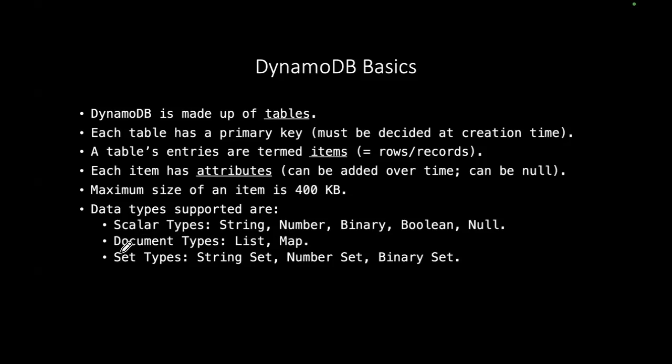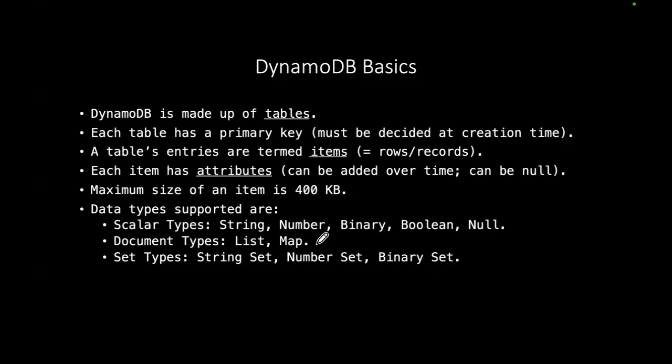Also, it has set types. And again, what we mean is that a particular attribute of an item in a table could be a set of strings or a set of numbers or a set of binary values. We won't worry too much about that.